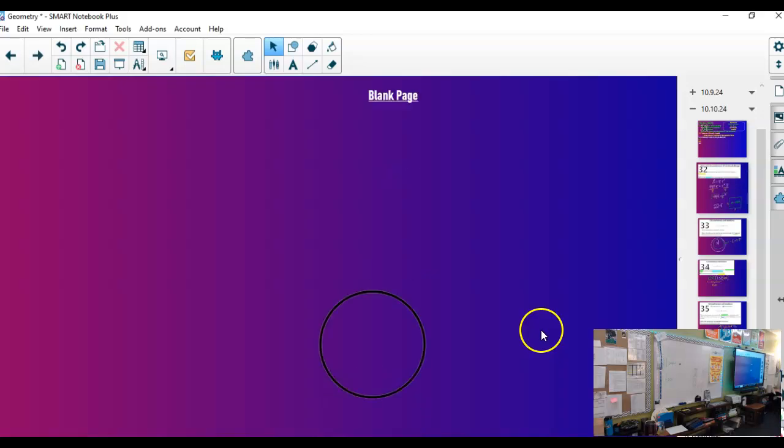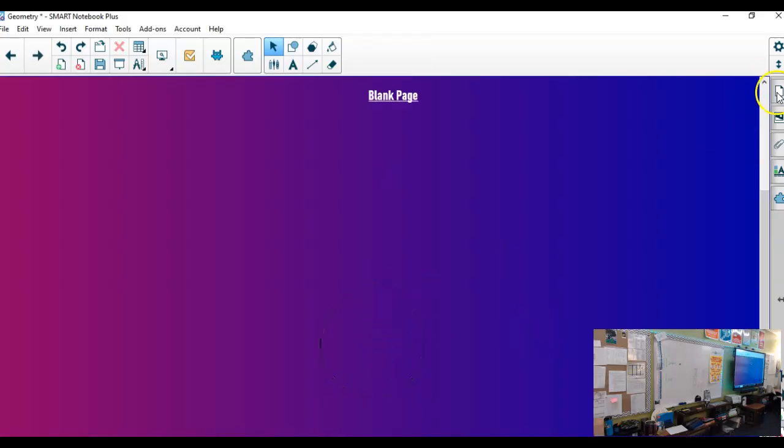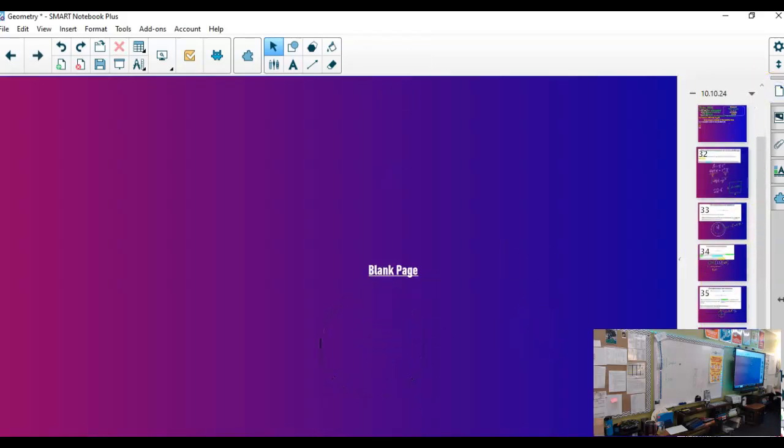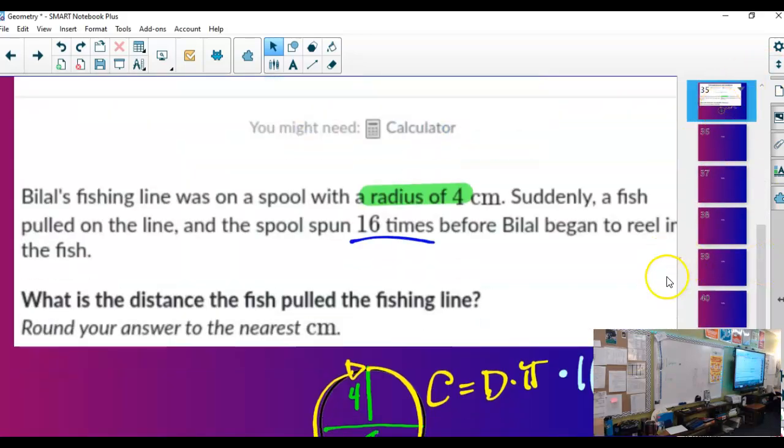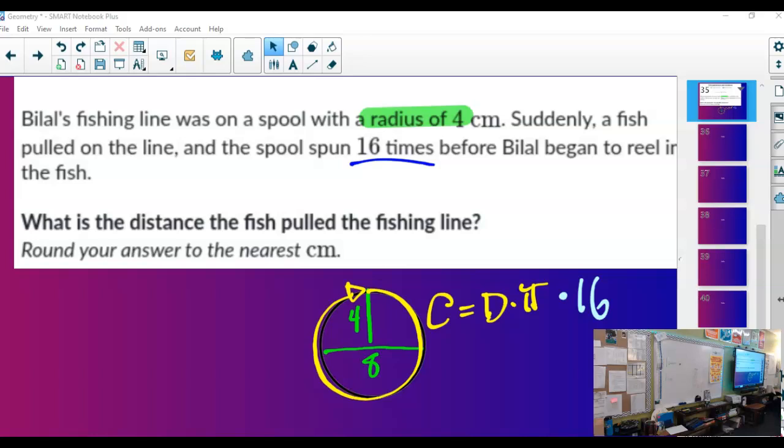I cleared ink, but it didn't clear the circle. Plus. Other requests. Excuse me.